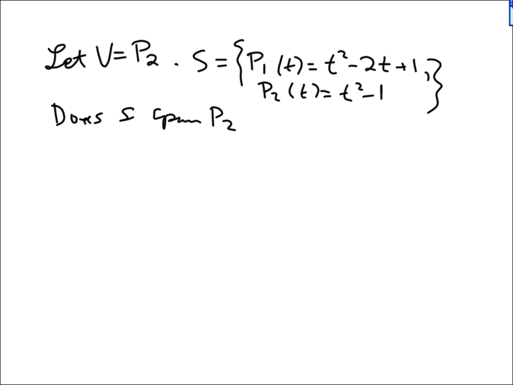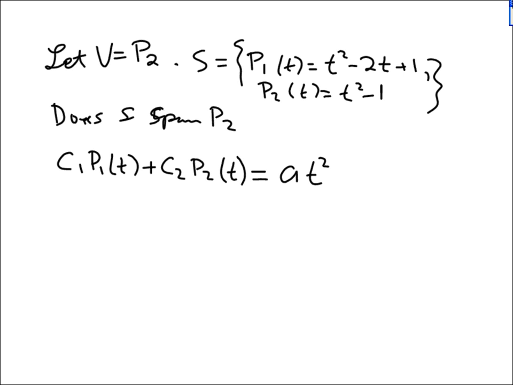So the solution is I do C1 times the first polynomial plus another scalar, call it C2, times the second polynomial. The question is, do I get an arbitrary polynomial in P2, which is a number times t squared plus another number times t plus a constant?